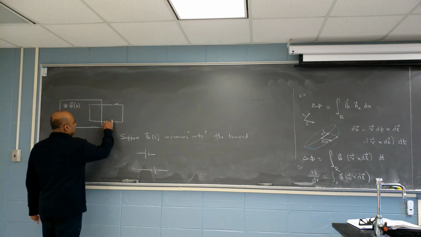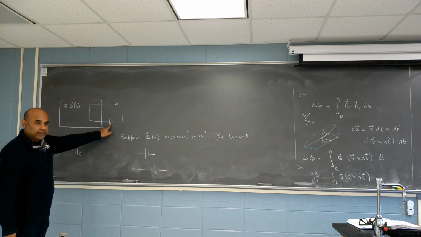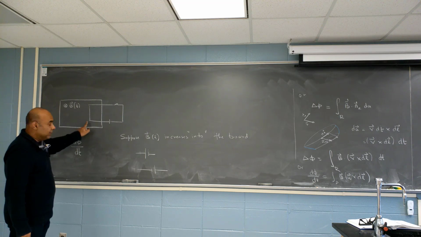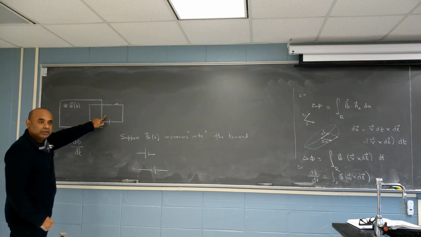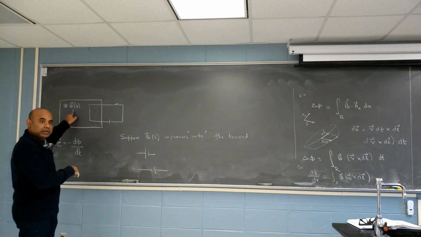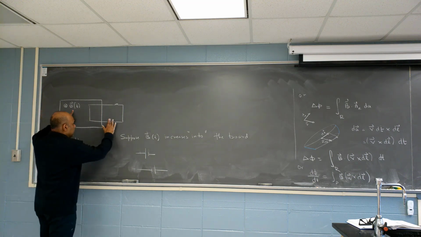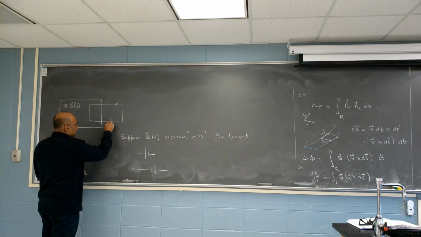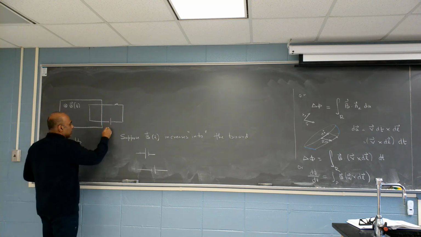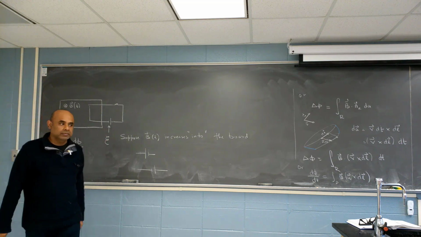So if I pick the battery this way, and this is wrong, don't pick it this way, the current is flowing this way. Which way is the magnetic field induced here? Into the board. But that is precisely the direction in which the magnetic field is increasing. So the correct answer must be this is the direction of the induced EMF.